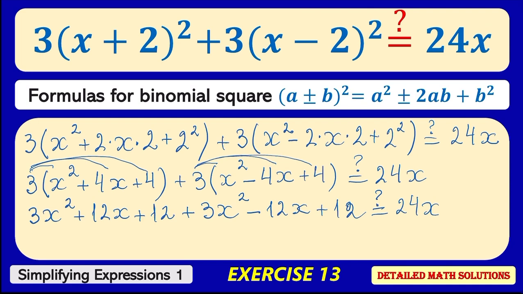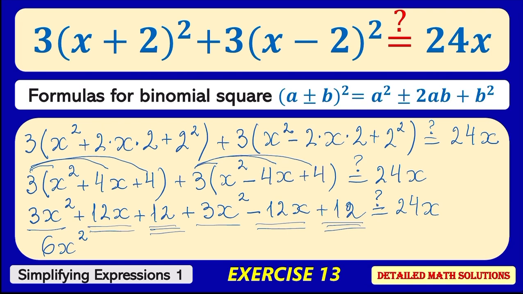Next, I'm going to add all pairs of like terms. The pairs of like terms are 3x² and 3x², then 12x and negative 12x, and finally 12 and 12. When I add each pair, I get 6x². 12x and negative 12x are the same term with opposite signs.